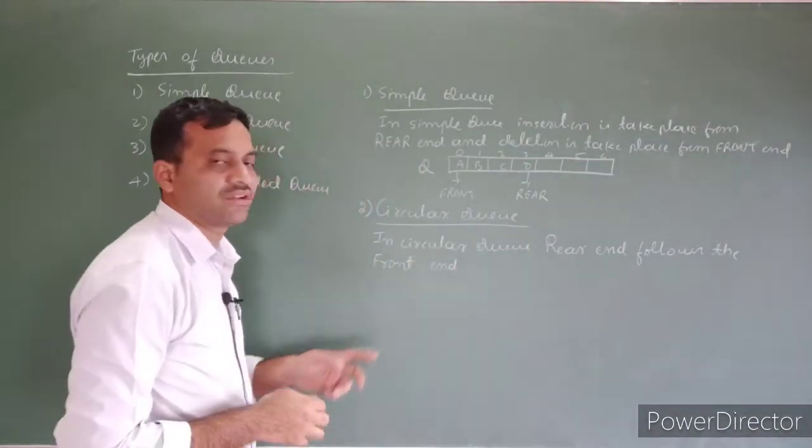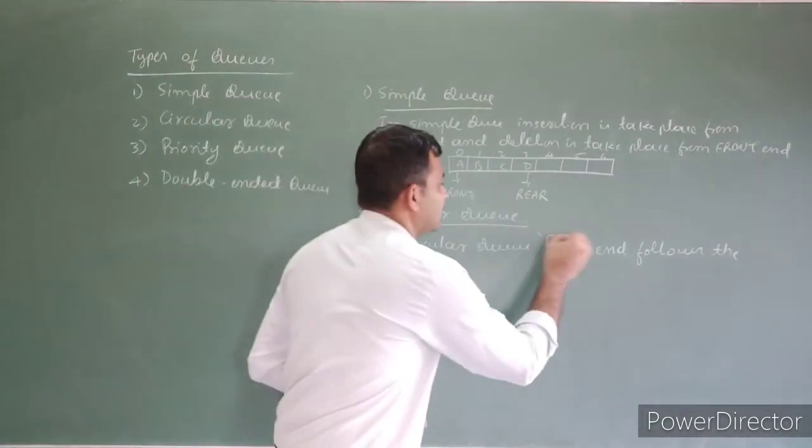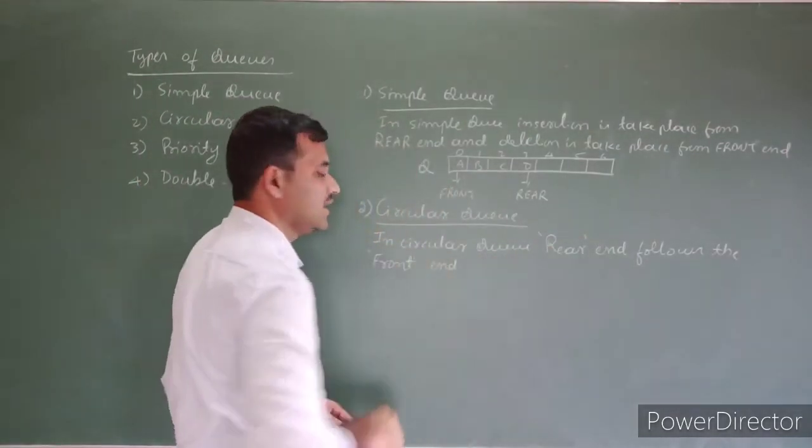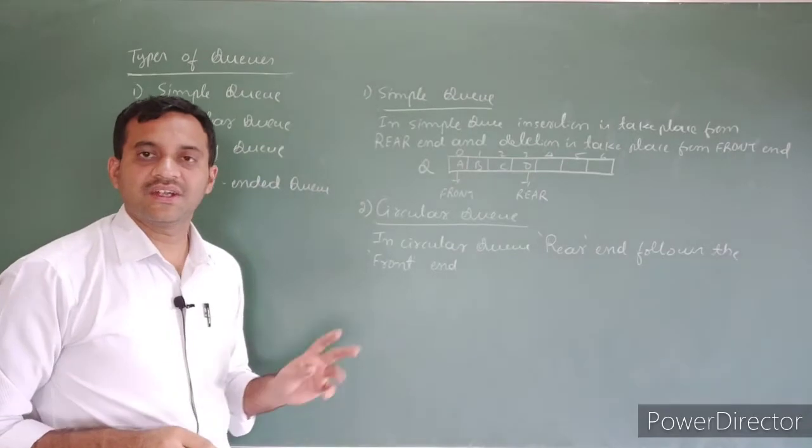That is called circular queue. Rear end follows the front end. Here rear and front are different.